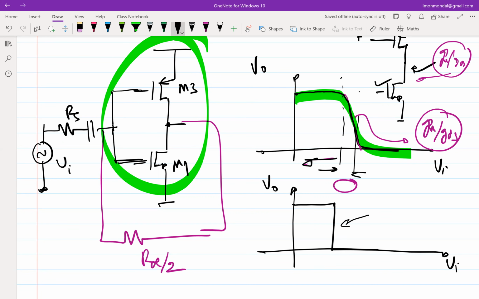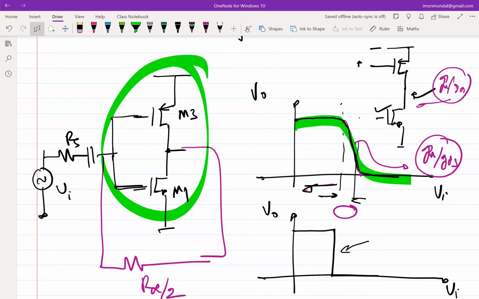Under the matching condition, when the PMOS and NMOS are matched, the gain for this contraption is the same as this contraption. Here we are applying the signal to both PMOS and NMOS, but here only to the NMOS. But they are matched, so the gain is the same. I have neglected the GDS of the PMOS in the second case.